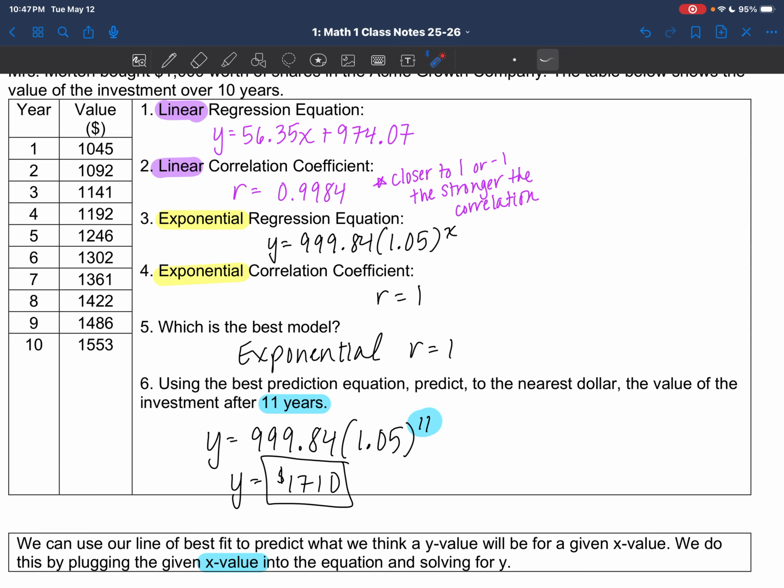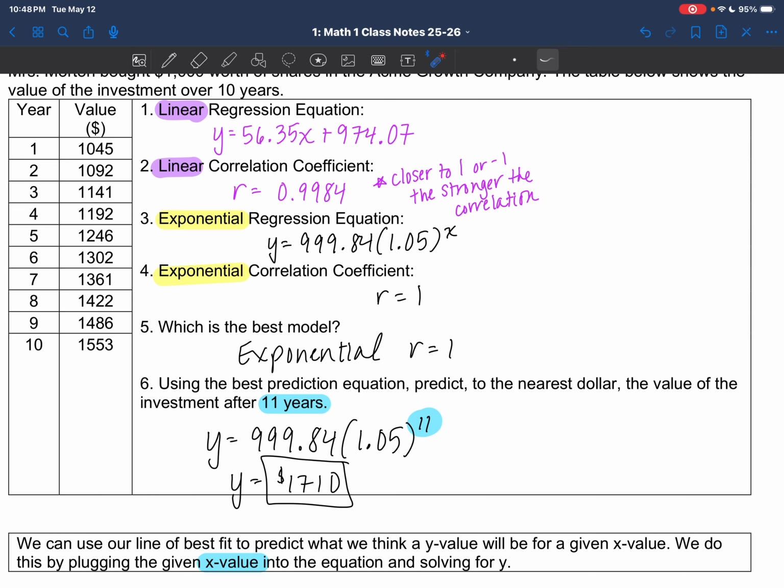So now, using the best prediction, which is this equation right here, predict to the nearest dollar the value of investment after 11 years. So we're going to take this equation, and years, those are your X values, the value is your Y. So for years, we're going to plug in 11 to where X is.